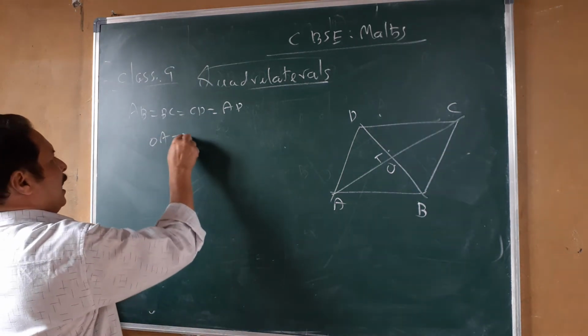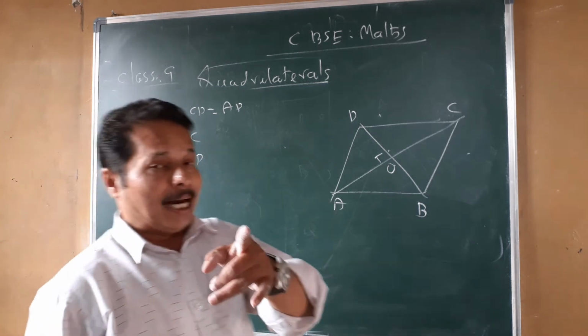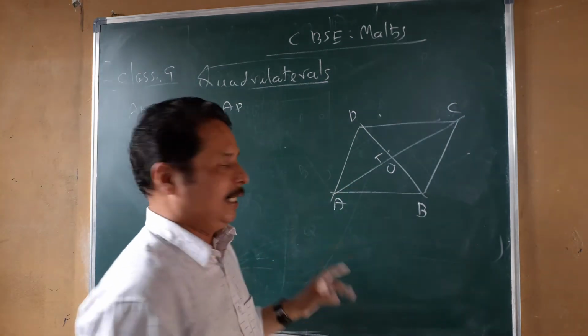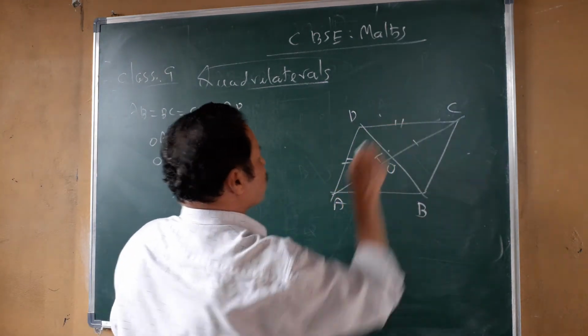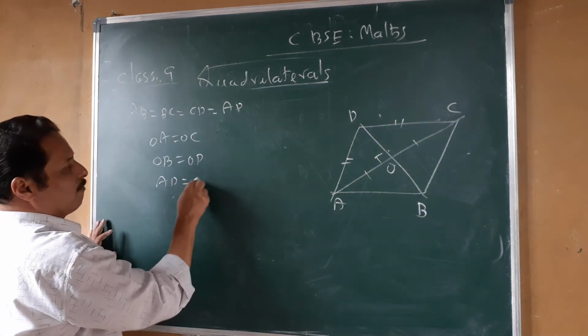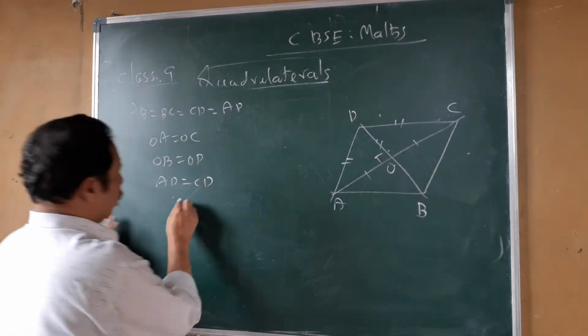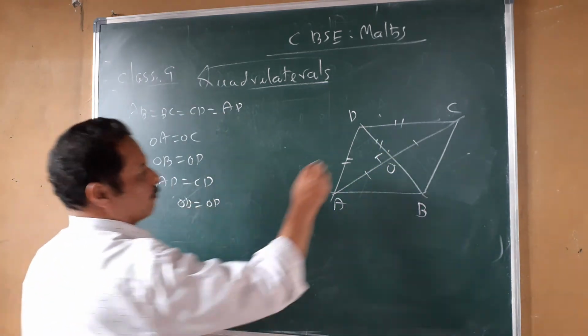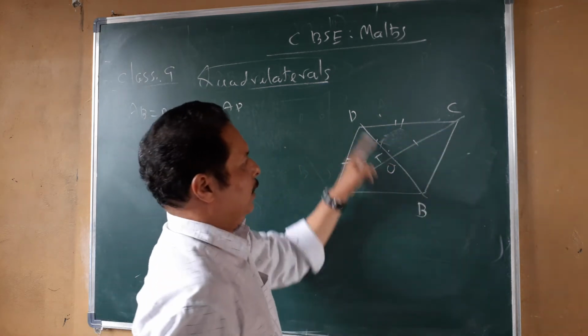Parallelogram means OA equals OC and OB equals OD. Diagonals of a parallelogram bisect each other, you studied that. Therefore, these two are equal. And AD is equal to CD because the four sides are equal. OD is a common side of this triangle and this triangle, triangle AOD and triangle COD.